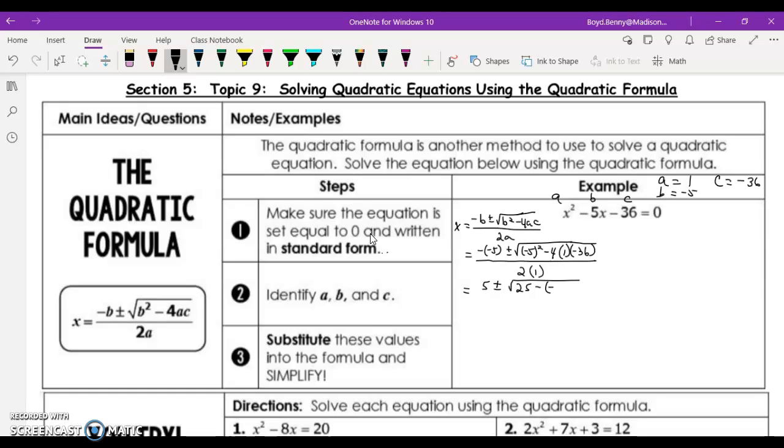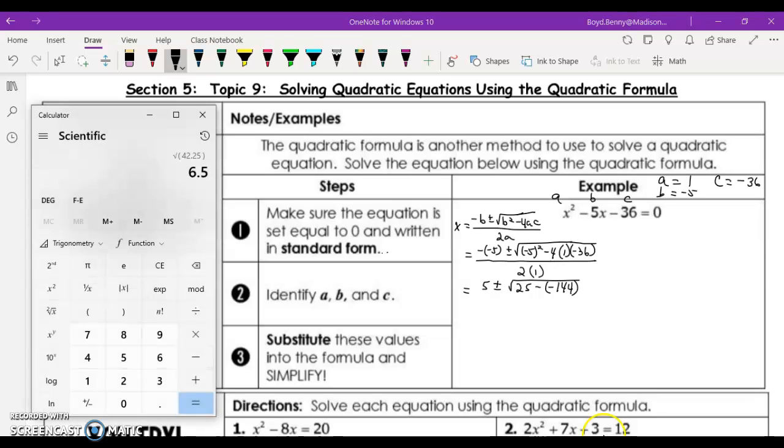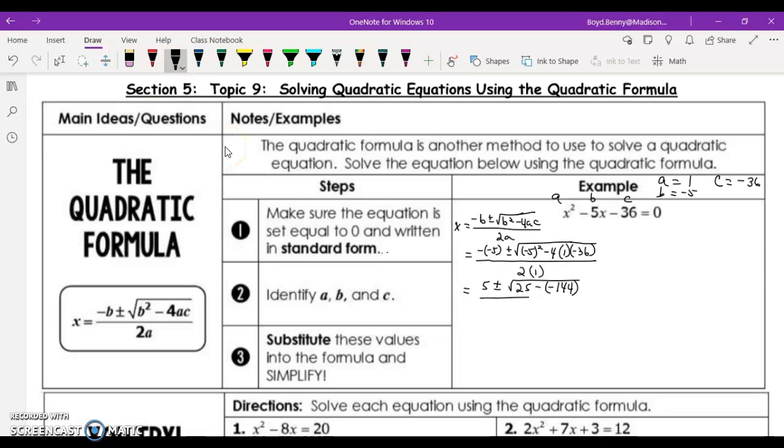So I've got a negative. 4 times 36 is 144, I believe. Let me check that real quick. 4 times 36 is 144. Okay. And then, of course, 2 times 1 is just 2.